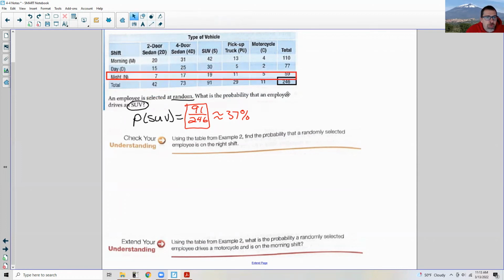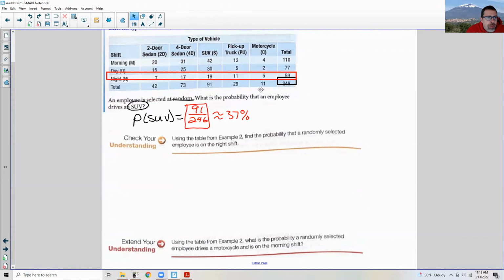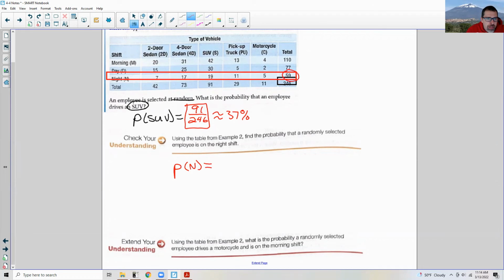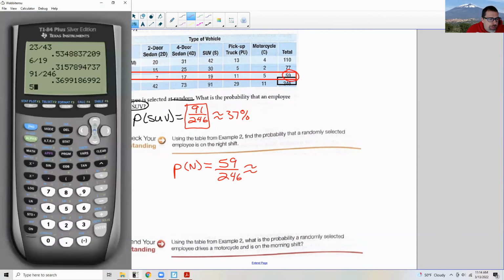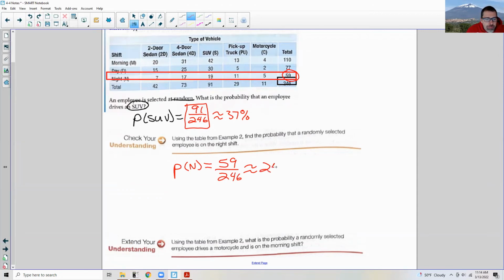This is the row we're looking at. Okay, night shift. Here they are. Here's the total. 59 work the night shift out of the 246. So it says find the probability that a randomly selected employee is on the night shift. So that'd be the probability of N equals, and the total is 59, divided by the total employees of 246. Putting that into a percent, you take 59 divided by 246, and it is 24% roughly. 59 out of 246.